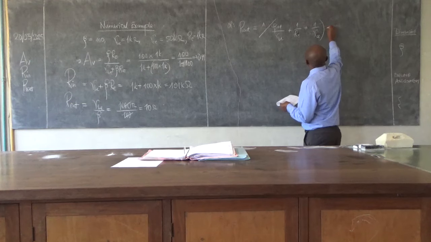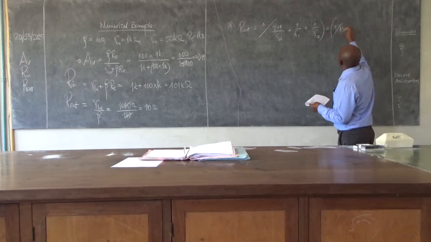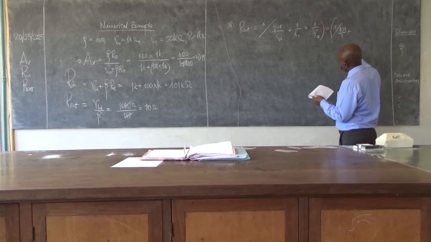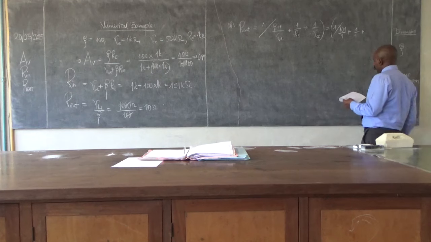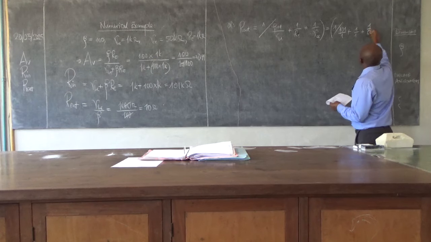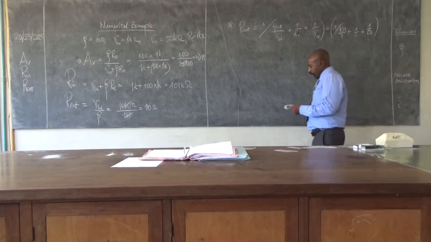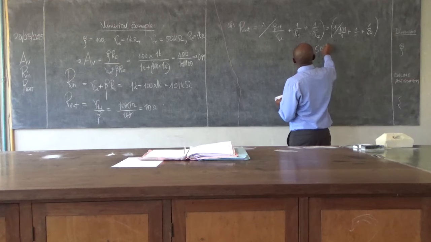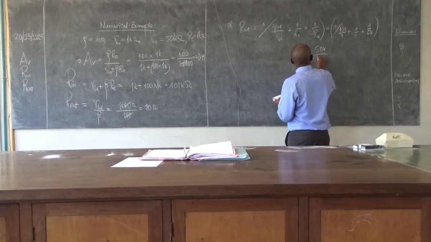And this would be the same as 1 over 101 over the 1 plus 1 over 1 plus 1 over 50, sorry. And this would be the same as 50K over the 5101.